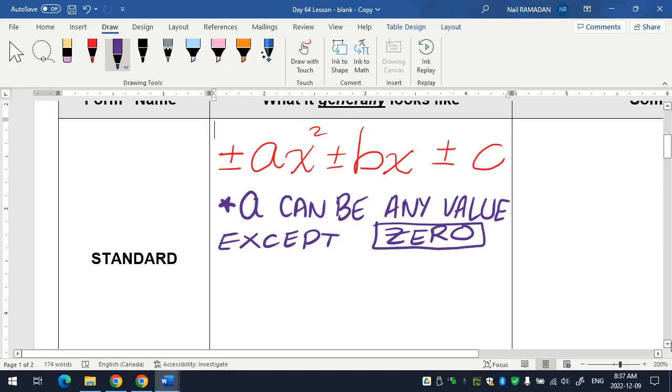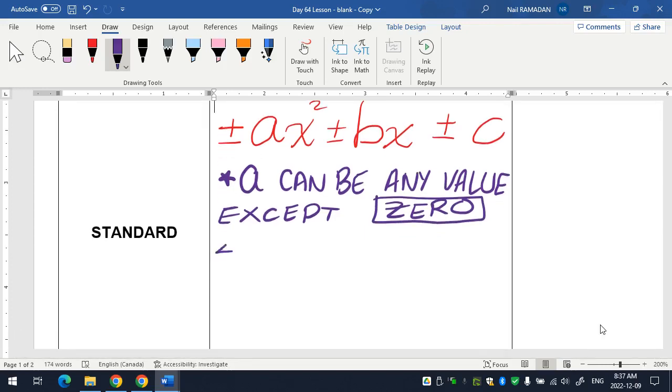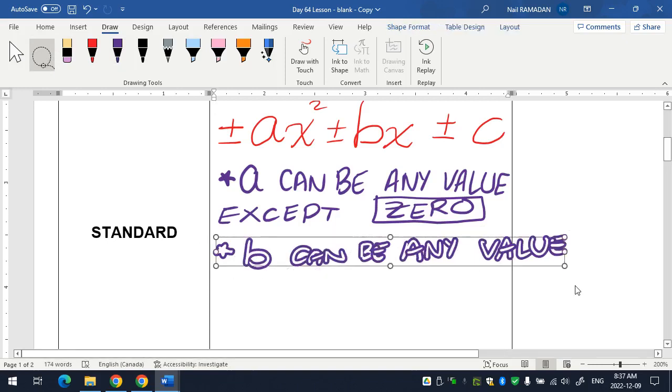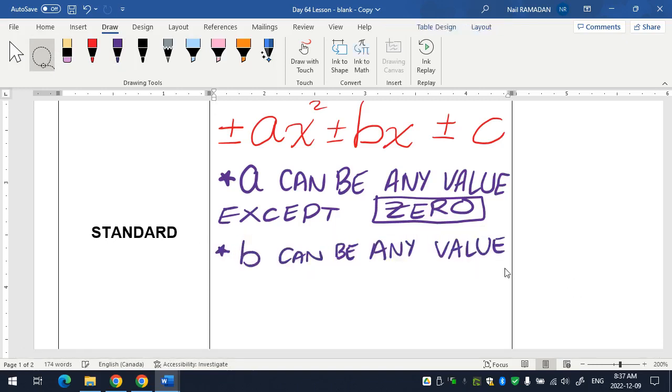What about B? B can be any value. But this time, yes, B can be zero, even zero.